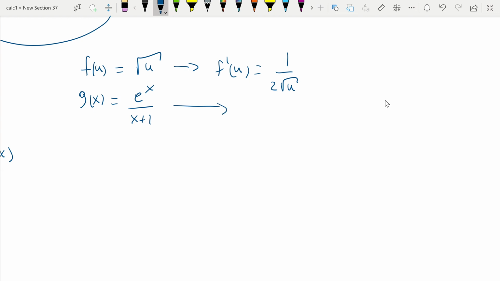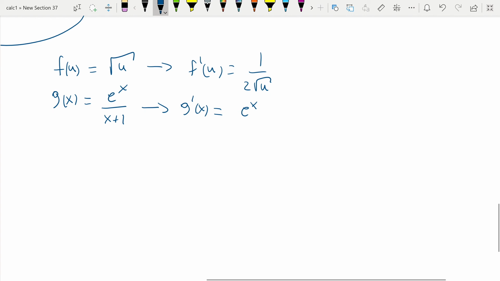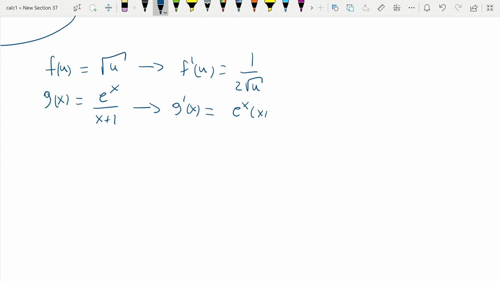And what about g prime? We can compute g prime of x already because we know the quotient rule. So this is e to the x times x plus 1.